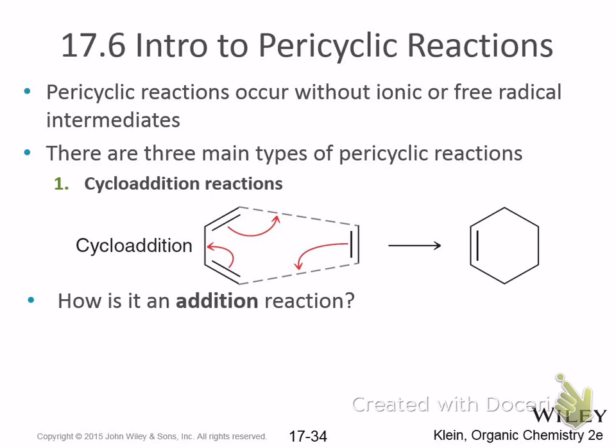So cycloaddition reactions, you need to know the definitions of what each one is, but you don't need to know how the mechanisms of all of them work. So cycloaddition, this is known as a 2+1 or a 4+2, depending on if you're counting double bonds, if you're counting pi electrons, okay? So in a cycloaddition, this is a concerted reaction.